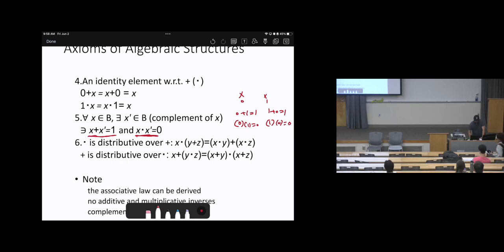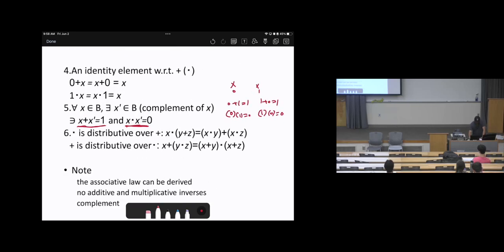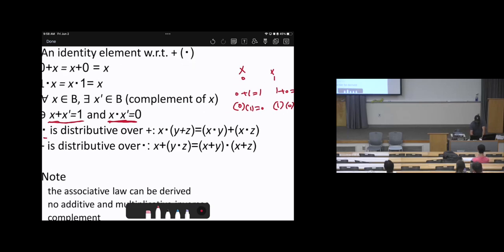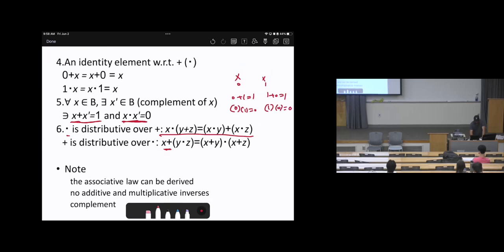Then, when there is a multiplication, for example, x times y plus z, it will be x times y plus x times z, and that's normal, that's what we know. Here, x plus y times z will be something different: x plus y, times x plus z.